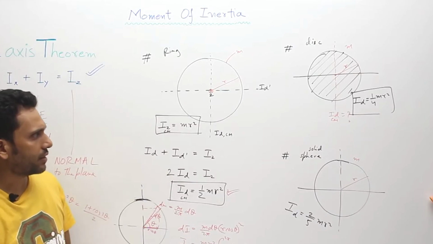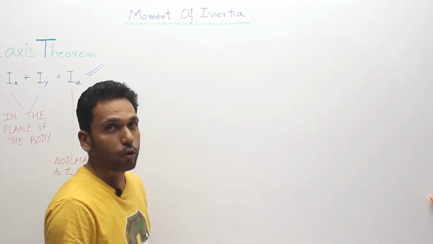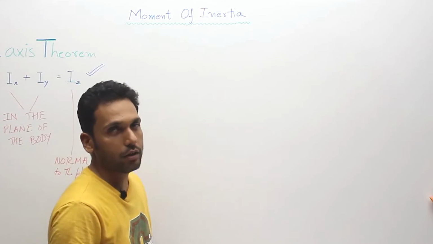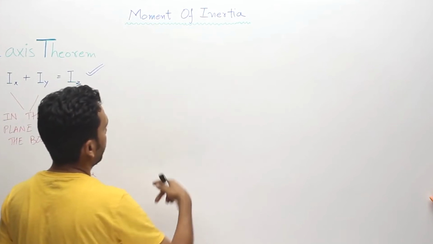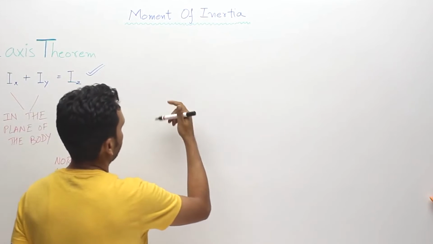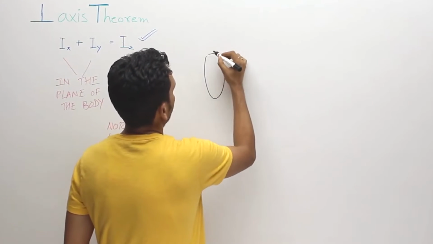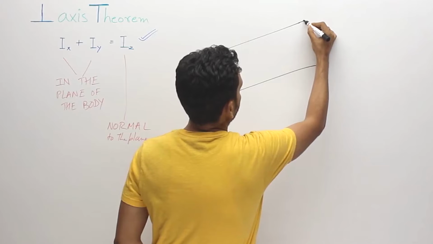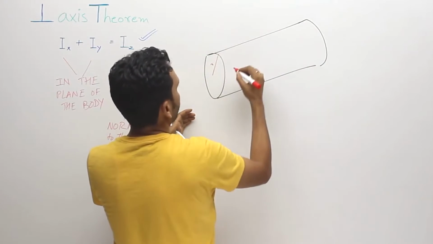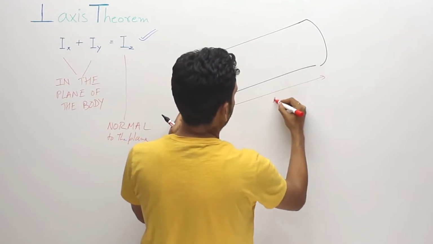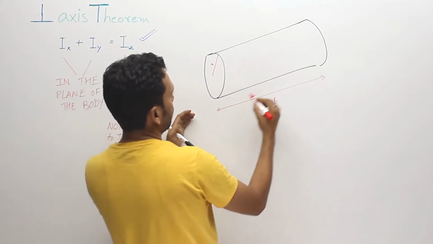So this is your perpendicular axis theorem. The concept of where to apply and where not to apply the perpendicular axis theorem cannot be better emphasized than by doing this question, which was a previous year JEE Mains question. Suppose you have a cylinder. Your radius r is given, the cylinder's length is given, and the mass m is also given.